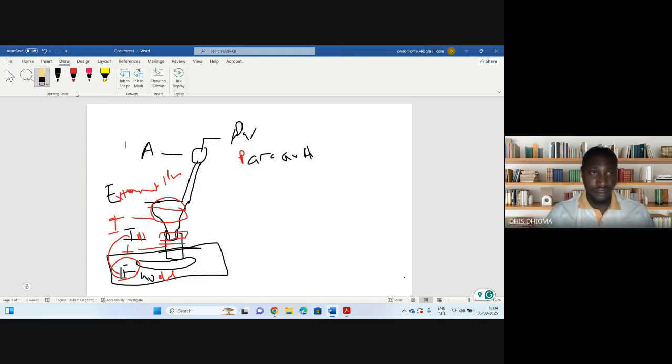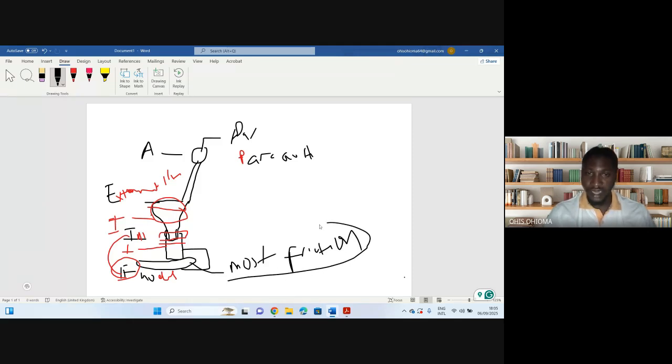Now, to remember the histology, basically, I want you guys to remember that this side here is the hardest part, the side that is exposed to the most friction. And so the epithelium that's supposed to be here will be an epithelium that can withstand abrasion.